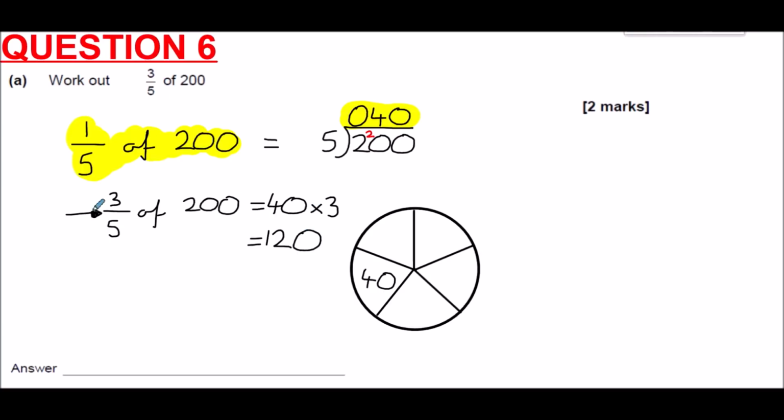And so 3/5 of 200 is 120. So just to picture that, 3/5 is 3 pieces out of a total of 5. If 1/5 is 40, we want 3 lots of that 40.